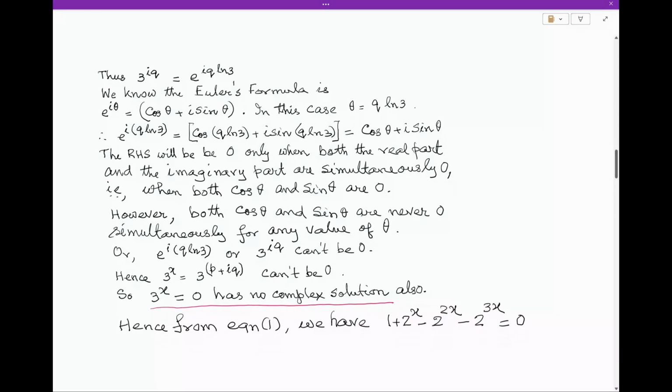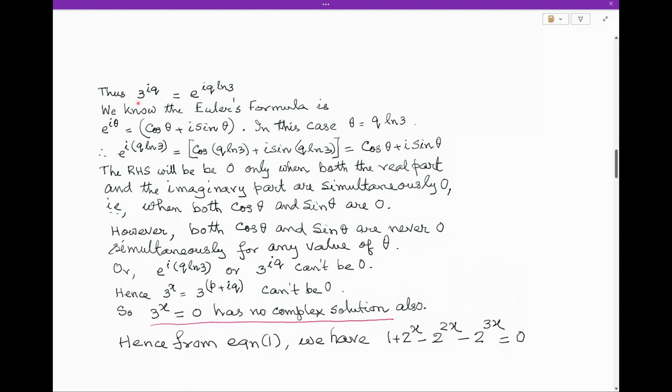Thus, 3 to the power of iq is equal to e to the power of iq multiplied by natural log of 3. We know that Euler's formula is e to the power of i theta is equal to cos theta plus i sin theta. In this case, theta is equal to q natural log of 3.